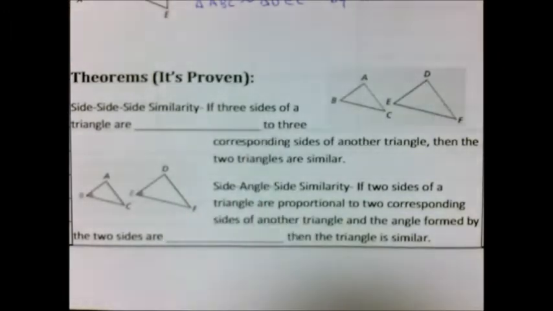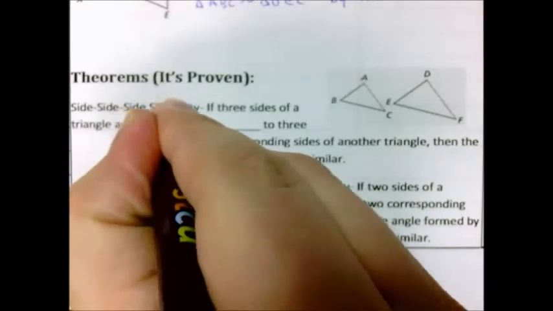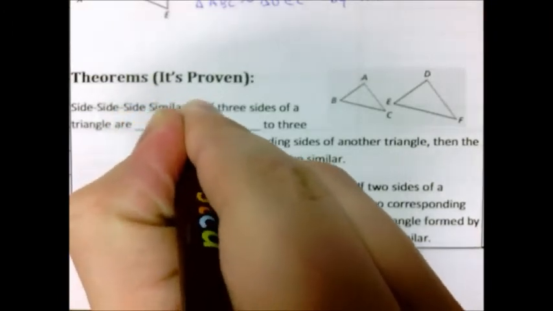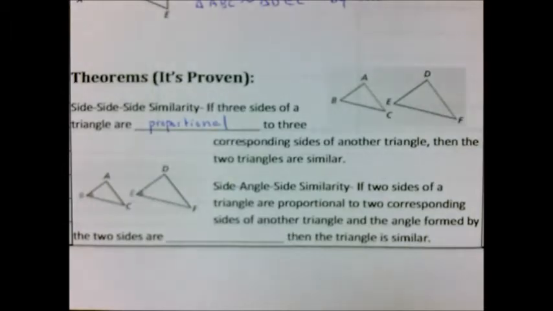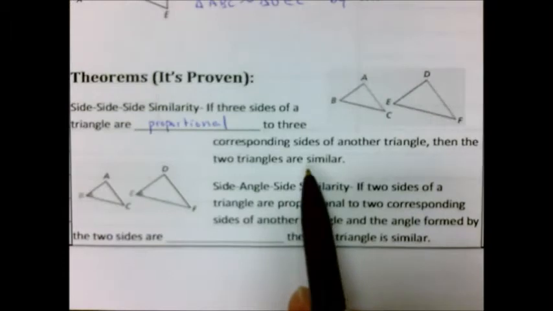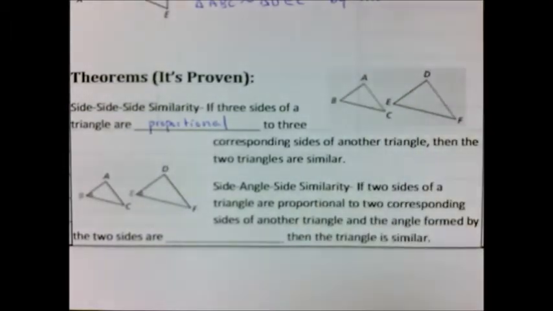It says that if three sides of a triangle are proportional to three corresponding sides of another triangle, then the two triangles are similar. So if you have corresponding sides and they are all proportional to one another, meaning they have the same ratios of sides, that means that those two triangles are similar.